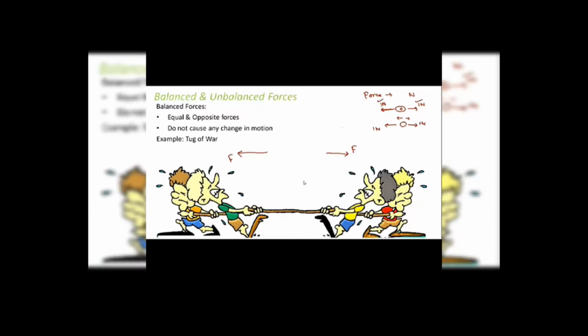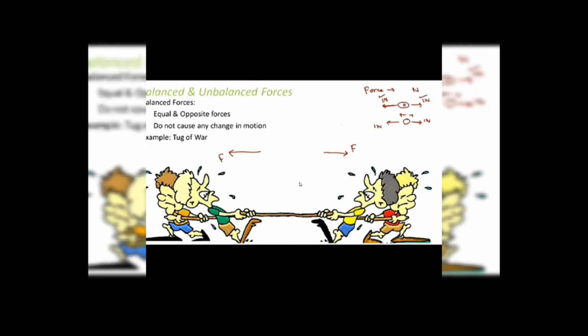One team is applying force in one direction, and the second team applies force in the opposite direction. Say the magnitude of force is equal, they are applying equal forces in both directions. Then what happens? None of them wins because both are applying equal forces.